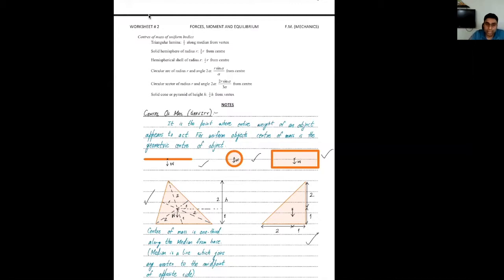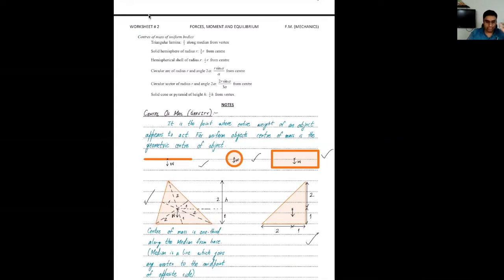Like for example, for triangles, you're being told that for a triangular lamina, it will be 2/3 along the median from the vertex. Now this is written, but of course, when you are doing it in the exam, you need to understand what is meant by median and what it actually means, 2/3 along the median from the vertex. The three endpoints are called the vertices of a triangle.